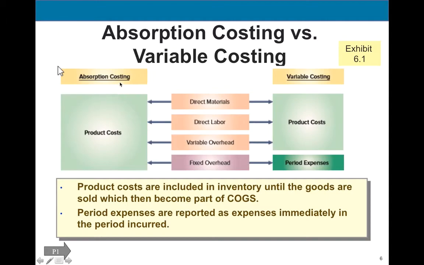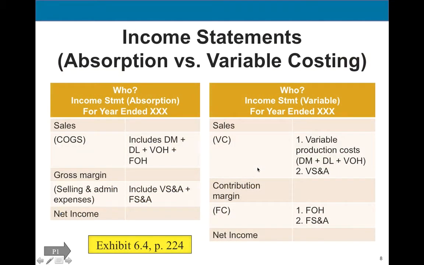Again, under absorption, fixed overhead is a product cost. So for the items that we do not sell, that part of fixed overhead will remain in the inventory on the balance sheet. Under variable costing, the entire amount of fixed overhead will be expensed out. This is the last great slide you need to see. It gives you the lines, the items that you need to include.